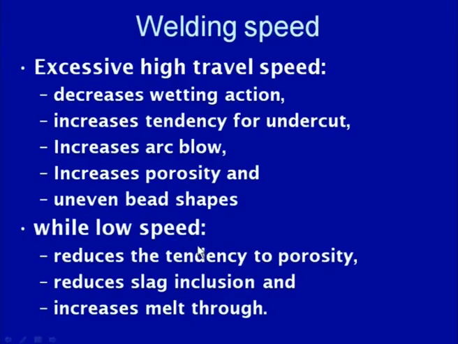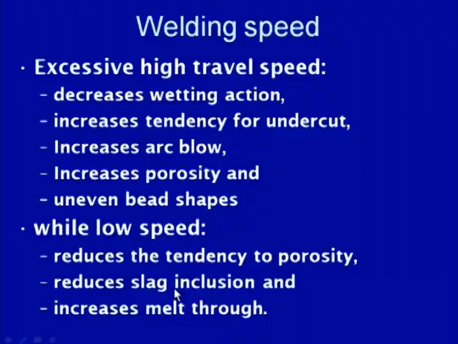While the use of too low a welding speed reduces the tendency of porosity because of the higher heat input and reduced cooling rate, which increase the solidification time, so there is an increased possibility of the gases coming out of the weld pool, and so reduced porosity tendency and reduced slag inclusion, because a lot of time is available for the inclusions formed in the weld metal to come up to the surface of the molten weld pool, and thus the content can get reduced.